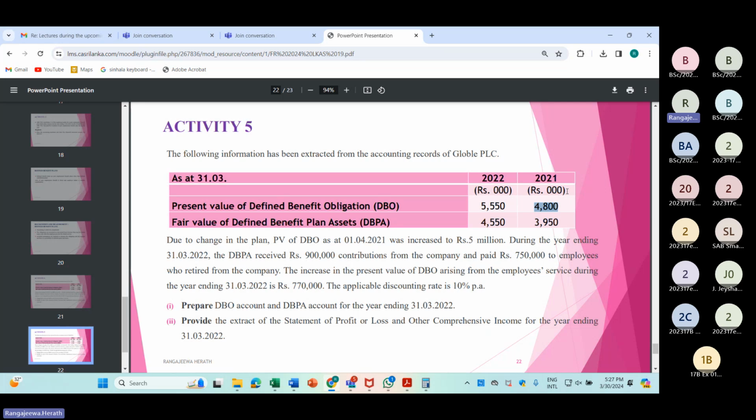That means, say, for example, now if you take the Sri Lankan rule, the gratuity is payable 50% of the last month's salary of the employee multiplied by number of years worked. The government changed the rule, instead of 50%, 55%. Then you have to increase your defined benefit obligation opening balance. So here 4.8 million increased to 5 million. That should be beginning of the year.